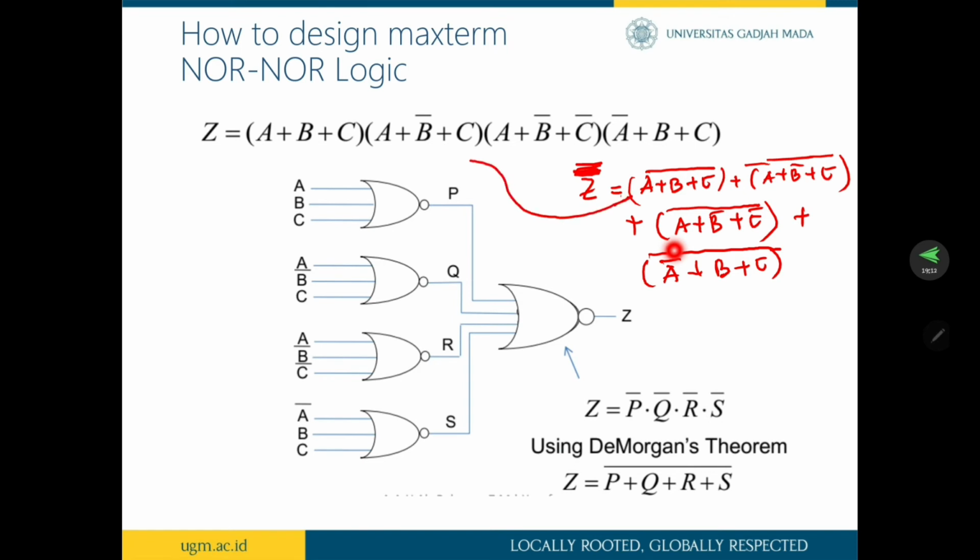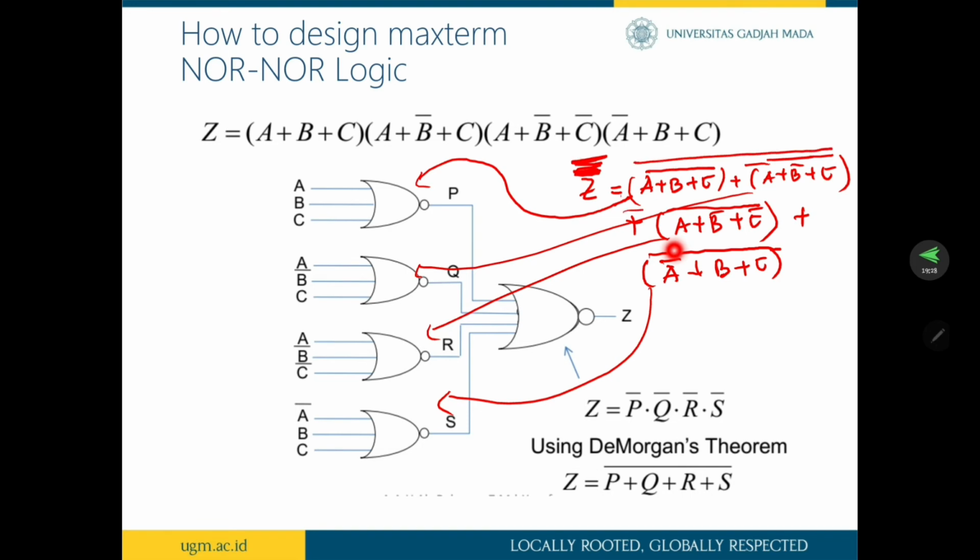The implementation is using NOR. So this is using NOR. And then if we take the second not, we can use this not using NOR again. Okay, this is for NOR and NOR logic for the maxterm.